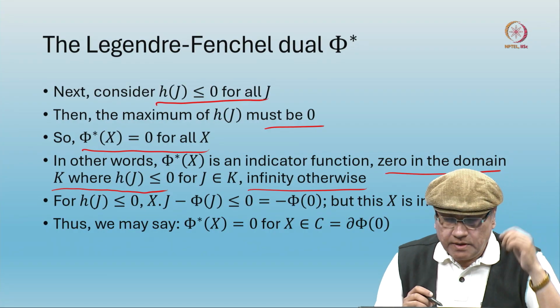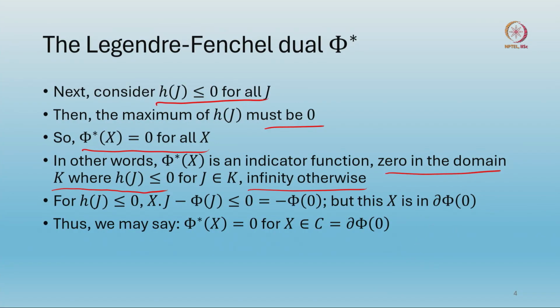You also observe one very interesting thing, which is very important: for h of j less than or equal to 0, this h of j, which is x inner product j minus phi of j, is less than or equal to 0, but phi of 0 is equal to 0, I know that. So, 0 I can write as minus phi of 0.